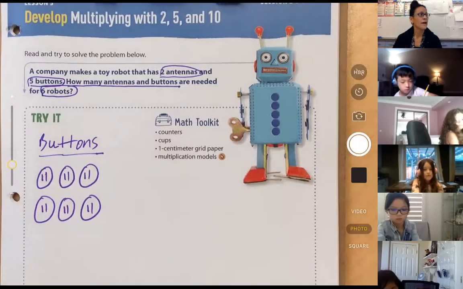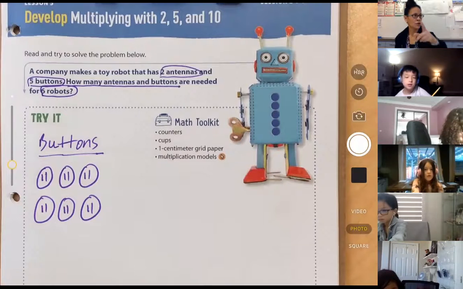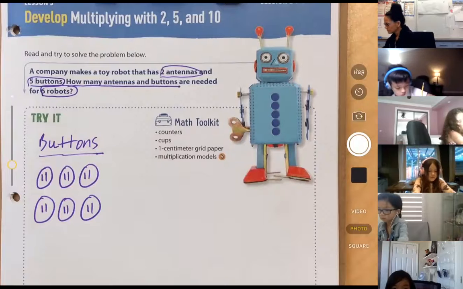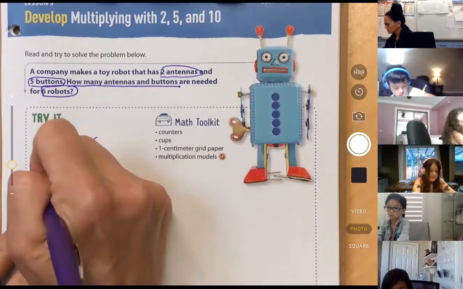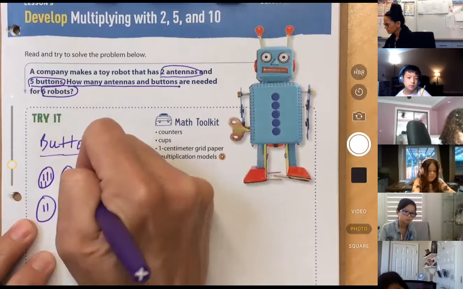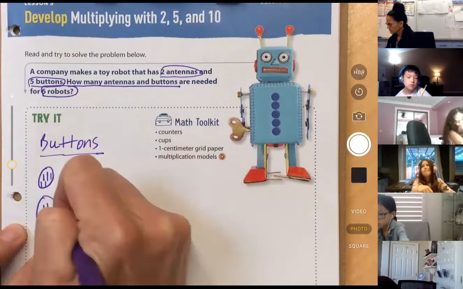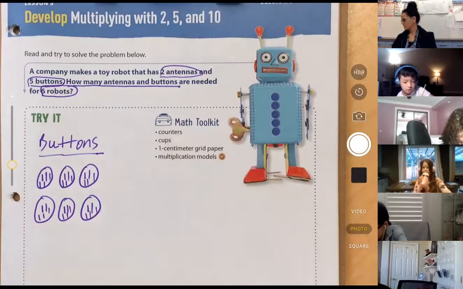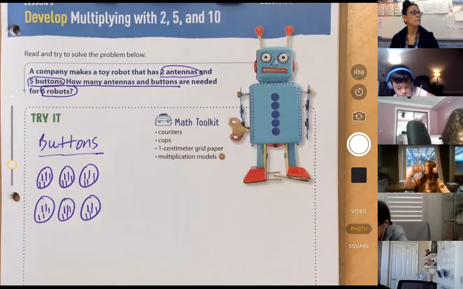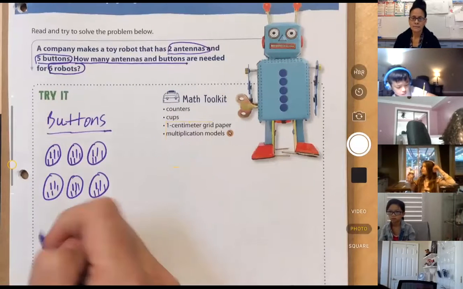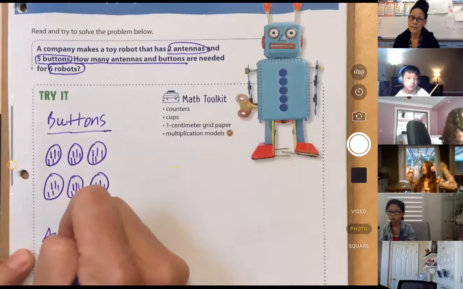There's a lag in my iPad. You're going to need to put 5 buttons for each robot. The correction you'll see on the screen in just a minute. The next group is coming. You're going to want to make a second grouping, but this time it's going to be antennas.